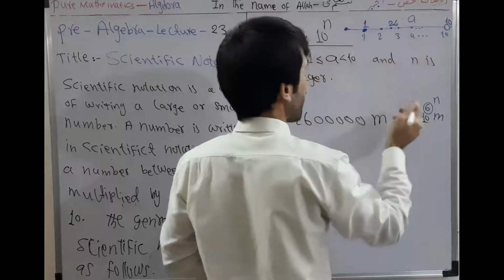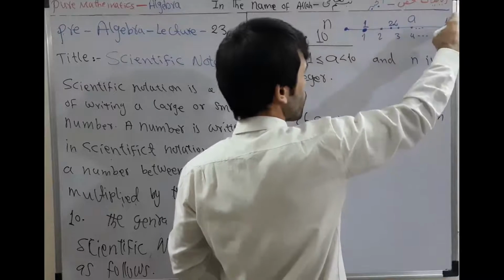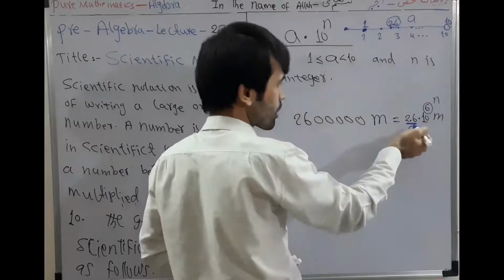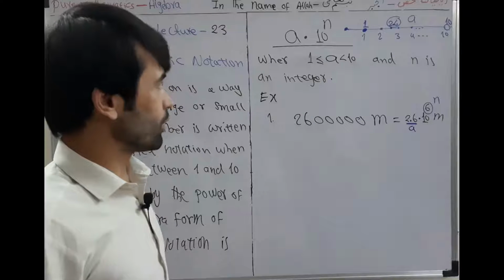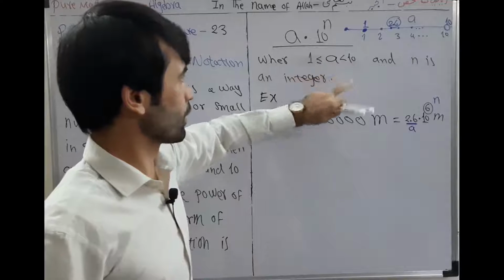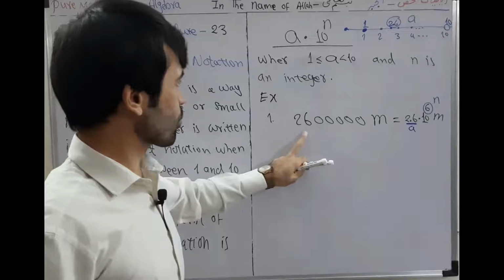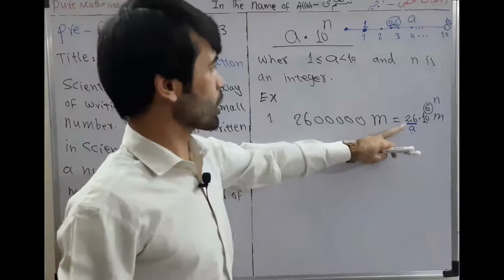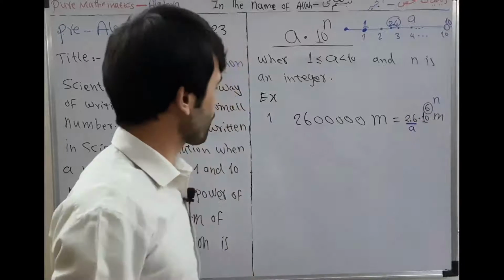A can be greater than or equal to 1 and less than 10. It is correct because a satisfies this condition. So question 1: 26,000,000 meters is equal to 2.6 multiplied by 10 to the power 6.